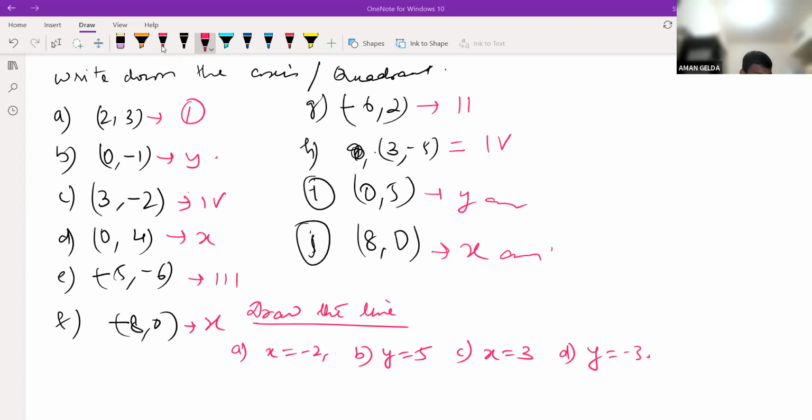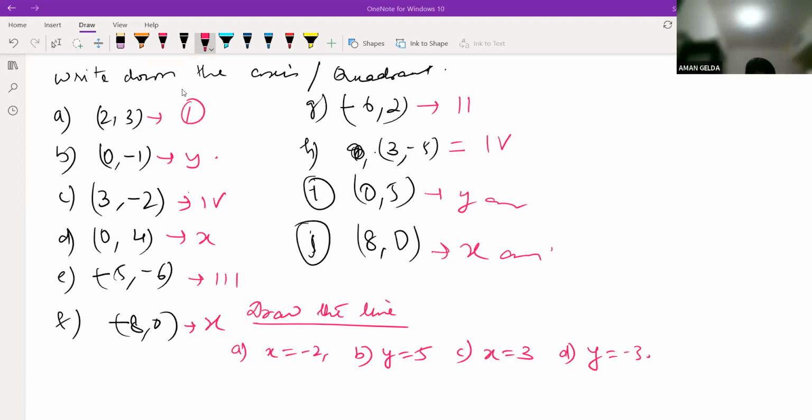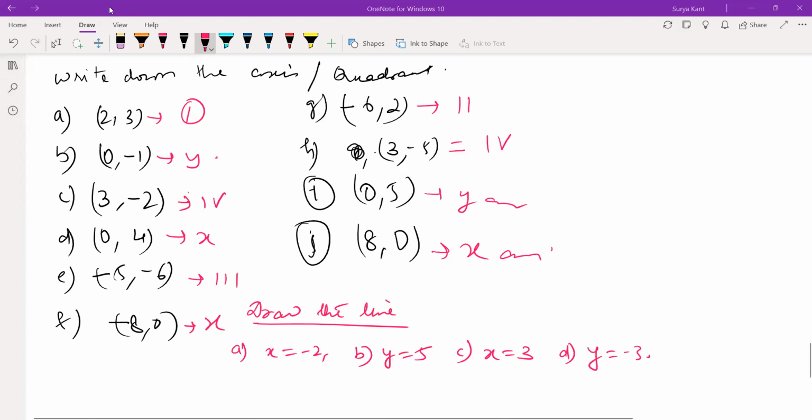Sir, I sent. Yes, Aman. You sent me, okay, fine. Sir, even I sent. Okay. So just check whether these quadrants are the same or not. Just match once what you sent to me, whether the quadrants are the same or not. Then you draw the line and send me back.